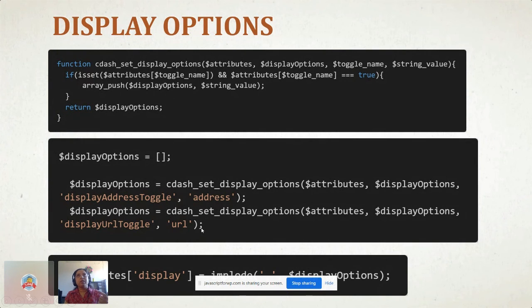So as and when the toggle buttons are switched on or off, the display attribute gets updated. When it is eventually passed into the shortcode function, it has only the toggle attributes that are switched on. This required a little bit of going around and building a few extra things, but the end result was so nice and so easy to use that I just love that feature for our blog.